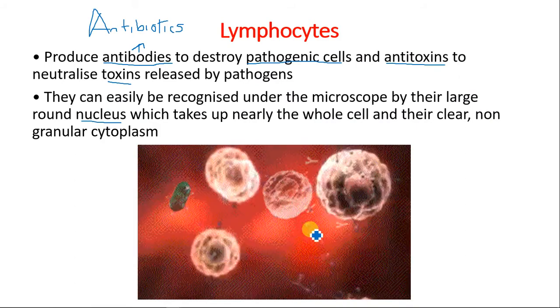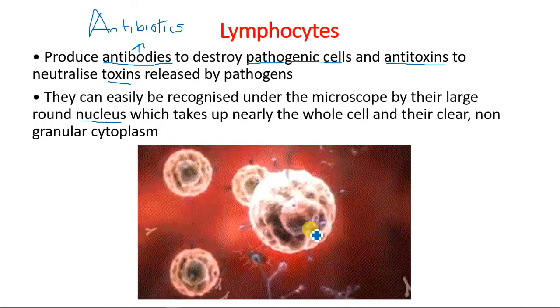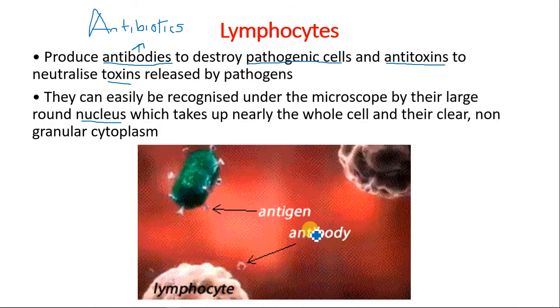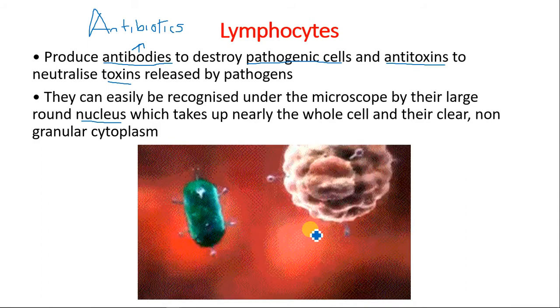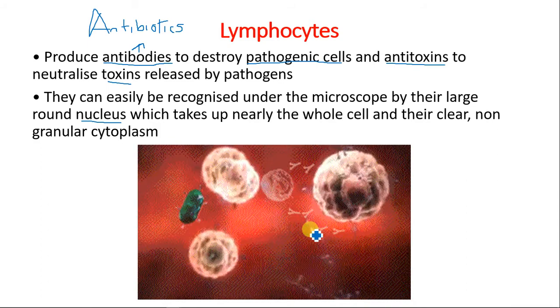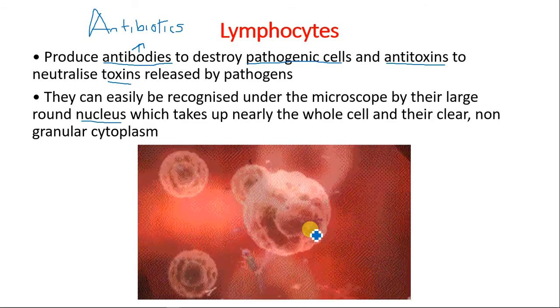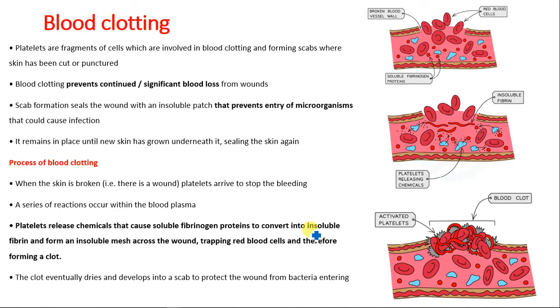When we look at disease and immunity, we'll explain how the antibodies, which are Y-shaped, help in agglutination of pathogens. We explain that in much more detail then, but this is the aspect you need to know for this topic.